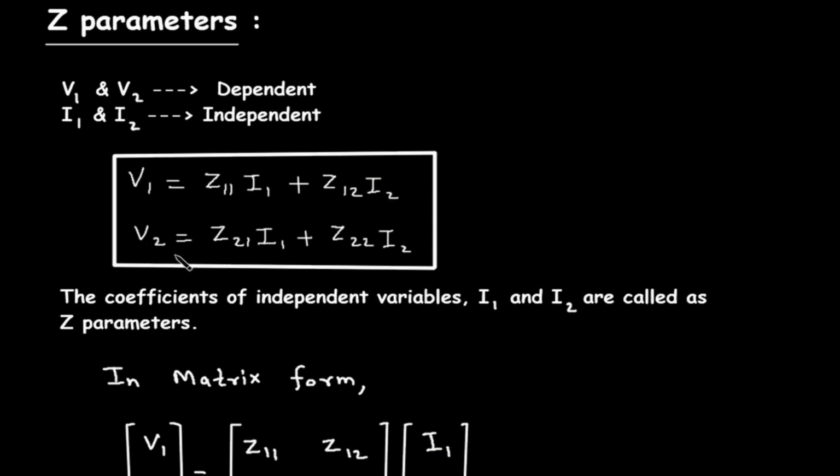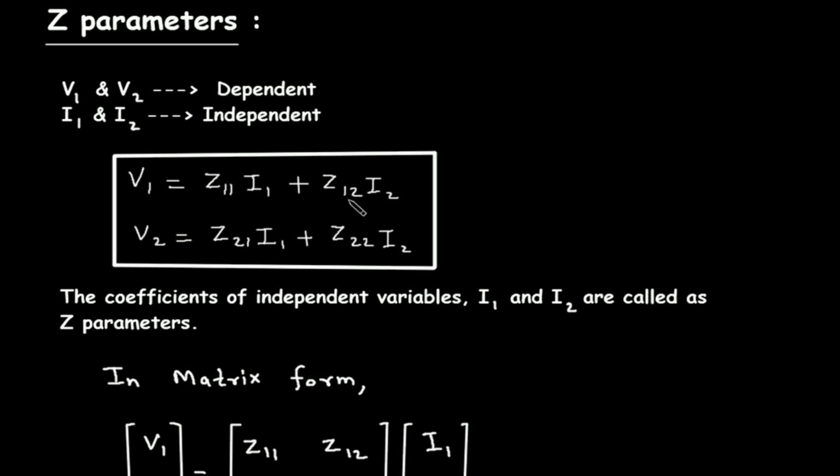Similarly, V2 is equal to Z21 I1 plus Z22 I2, since V2 is dependent on I1 and I2. The coefficients of the independent variables I1 and I2 are called Z parameters.